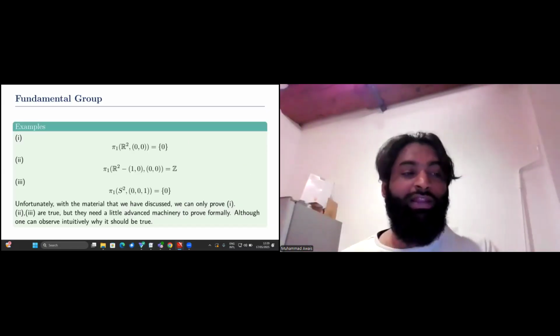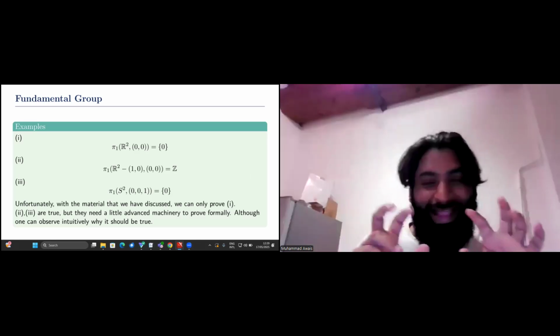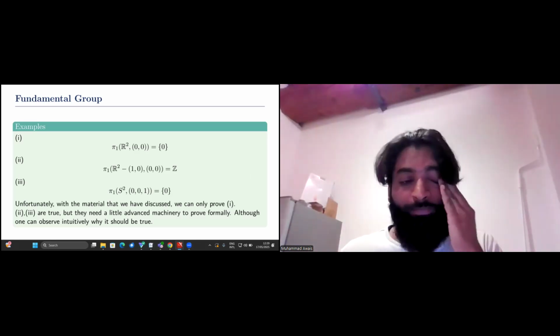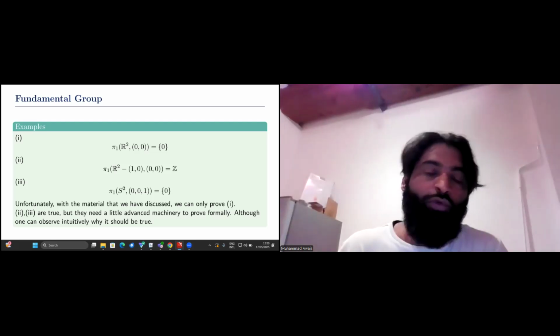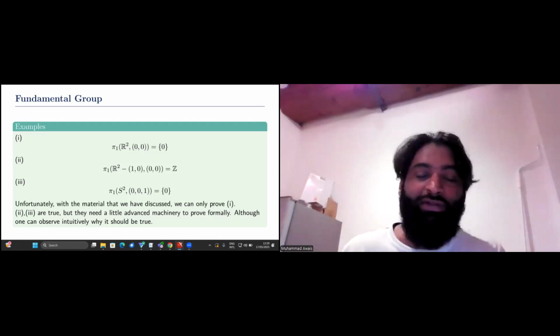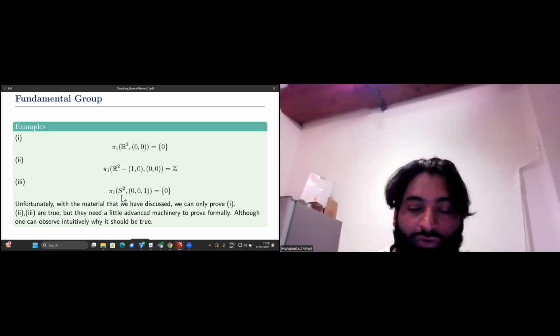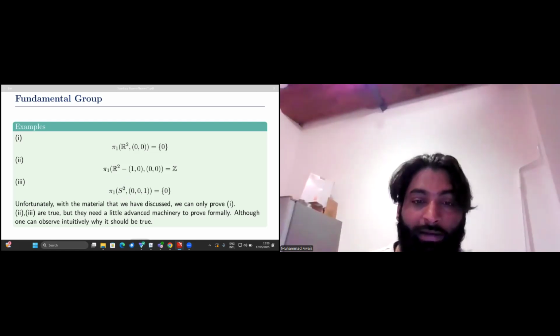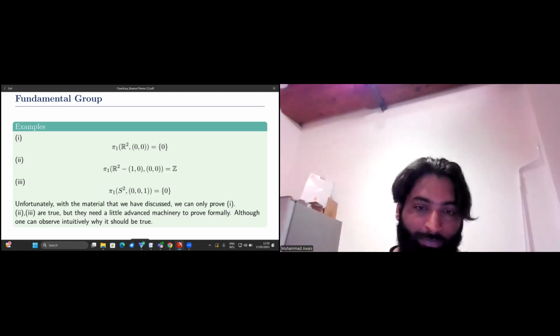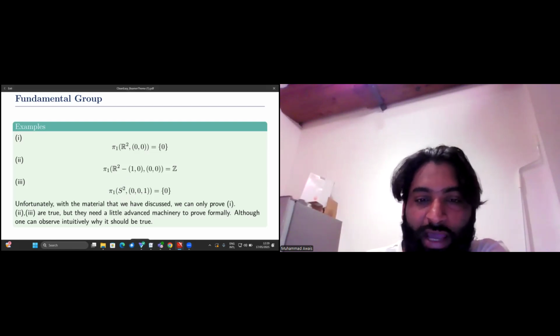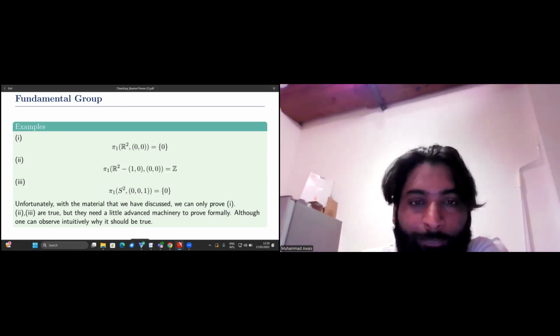This is very intuitive, but to prove these we need slightly higher machinery. It's not easy to prove just from this definition, even for the fundamental group of R2 minus one point or the sphere. But at least the idea is clear, and the main purpose of this presentation is just to give the idea to beginners.